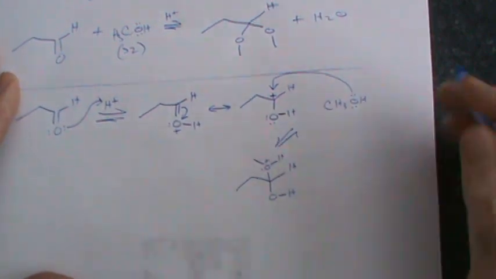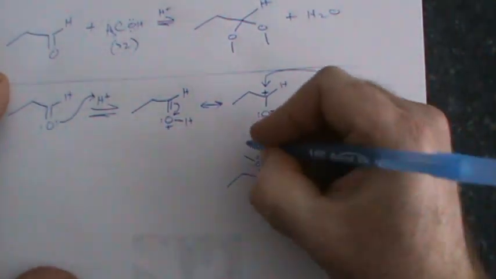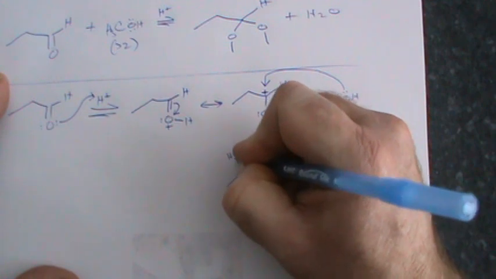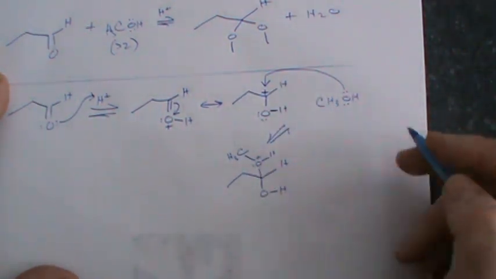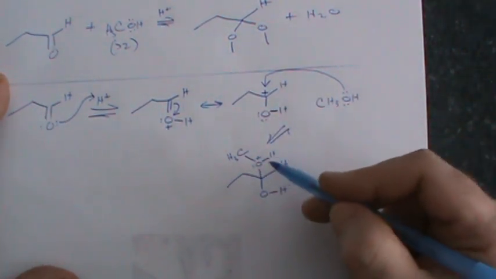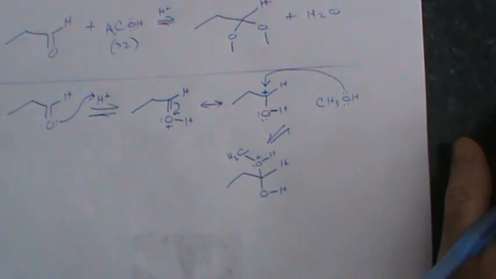It looks a bit like that gem diol, only this is a methyl group up here because it came from methanol. So I've generated an oxonium ion, very, very similar to what happened during hydration. If I go back to that mechanism of hydration that we just constructed a few moments ago, look at what happened here.